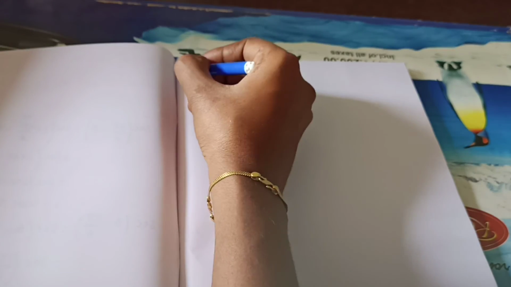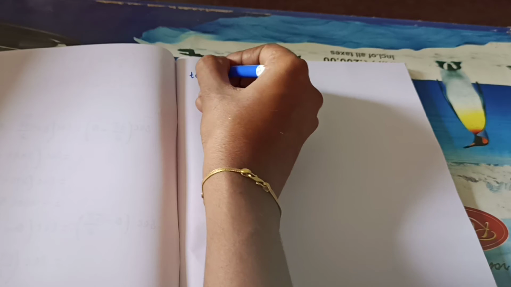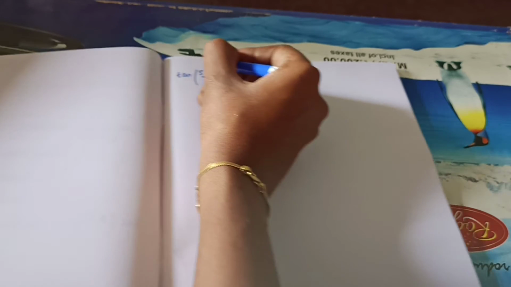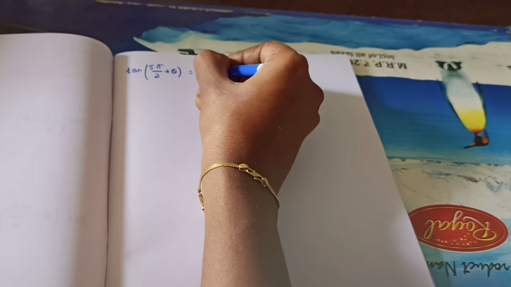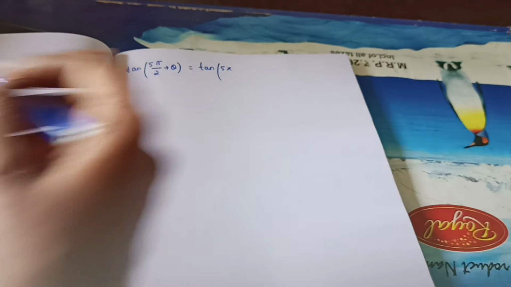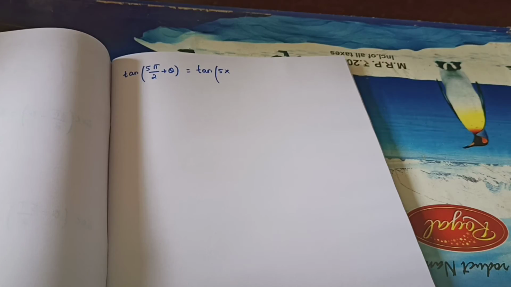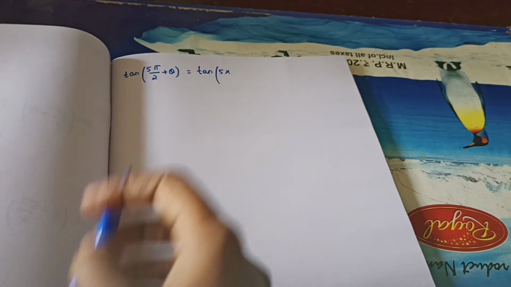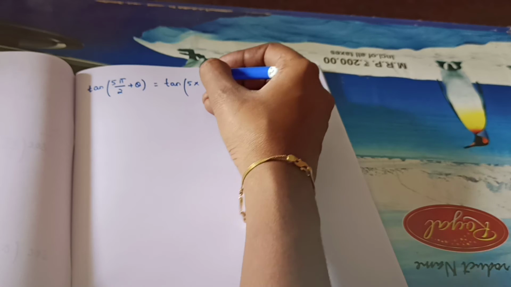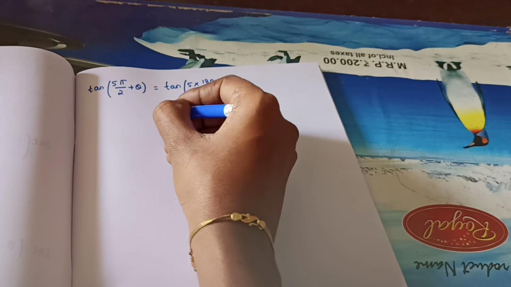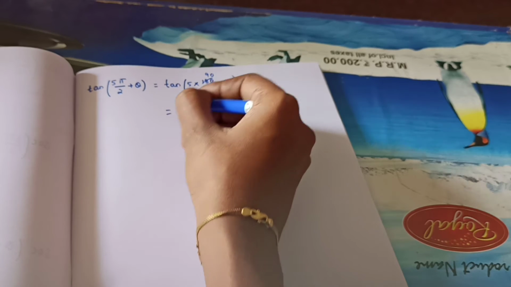So one by one we can find out and substitute. Then only it will be easy. So next value is tan of 5 pi by 2 plus theta. Substitute the value. Tan 5 into 180 by 2 plus theta. Okay. So that's equal to, we will cancel this. What's the value?